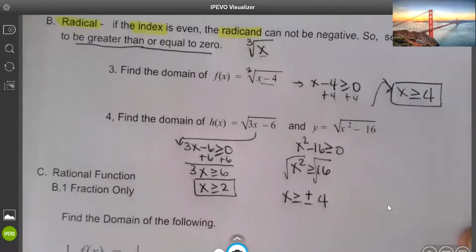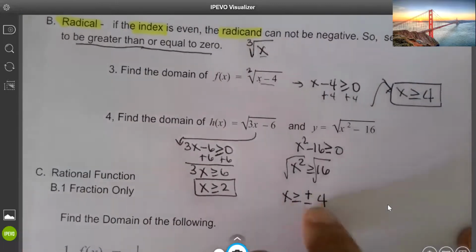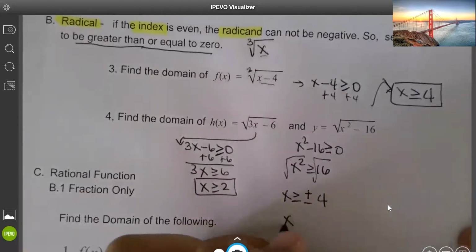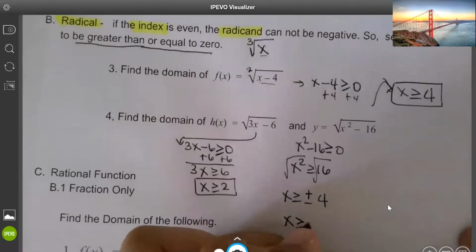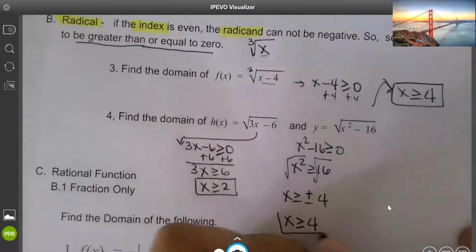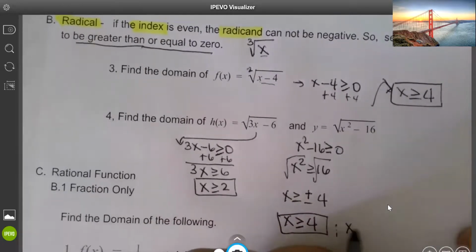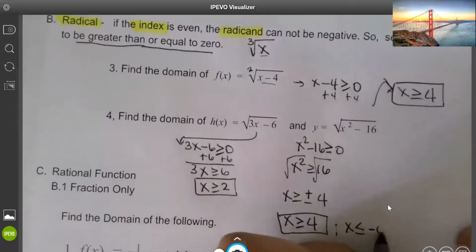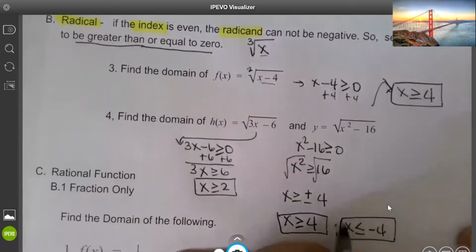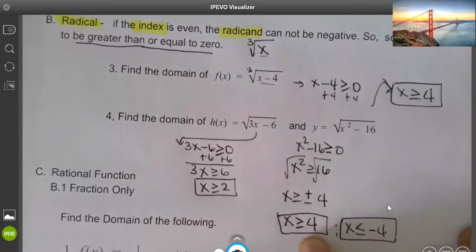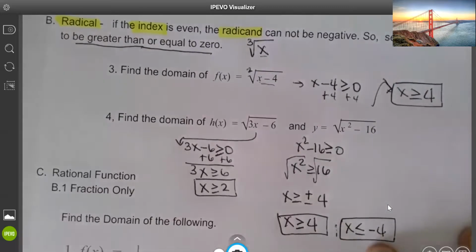Now, how do you write the domain here? The positive value is x is greater than or equal to positive 4, and the negative value is x is less than or equal to negative 4. Greater than or equal to for the positive value and less than or equal to for the negative 4.